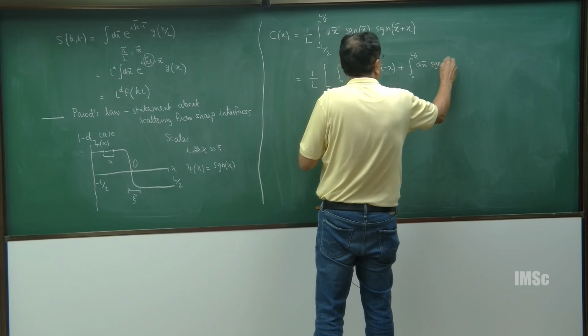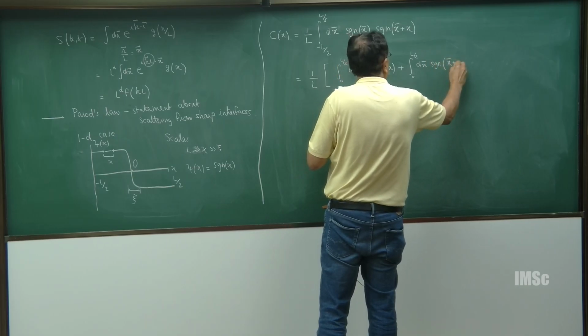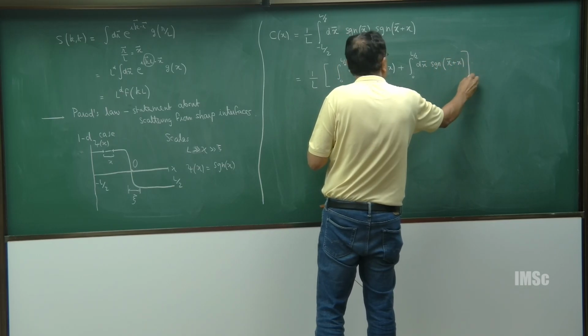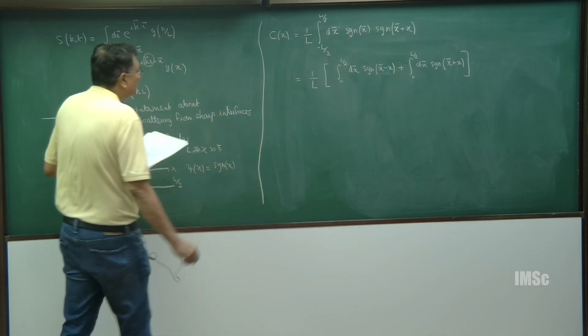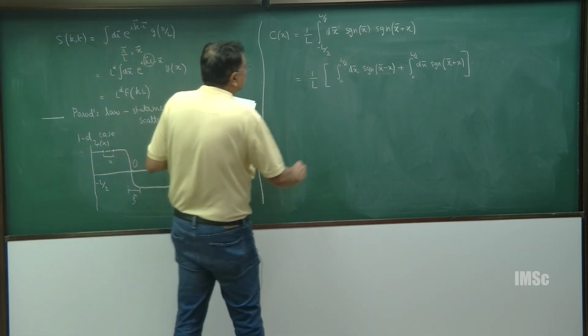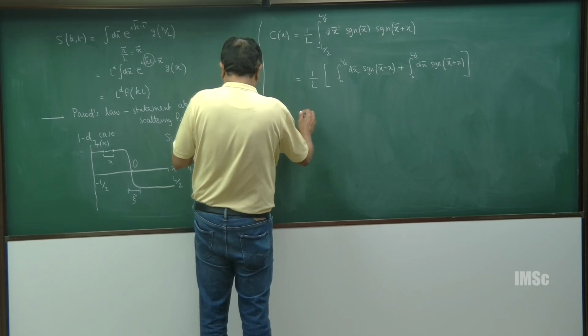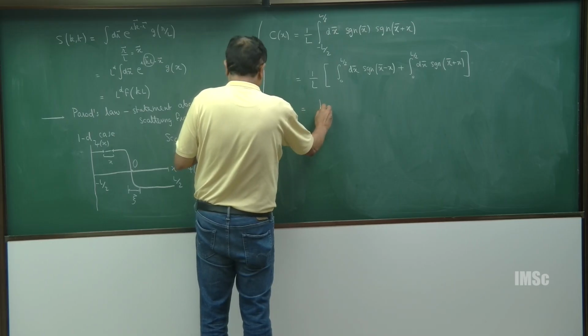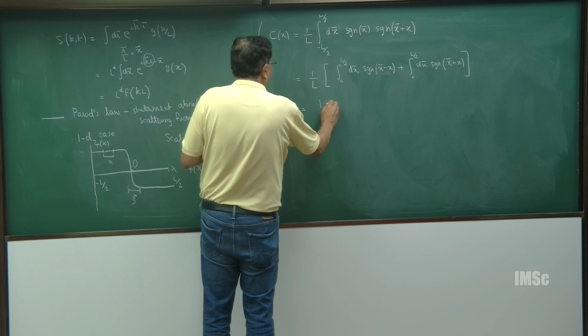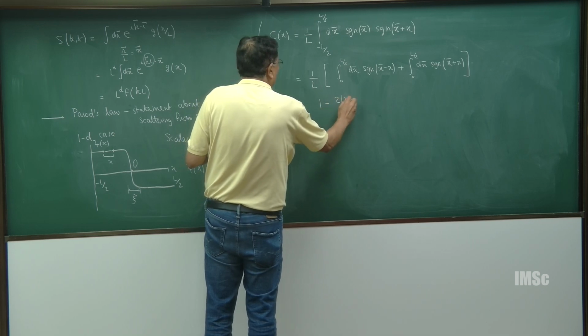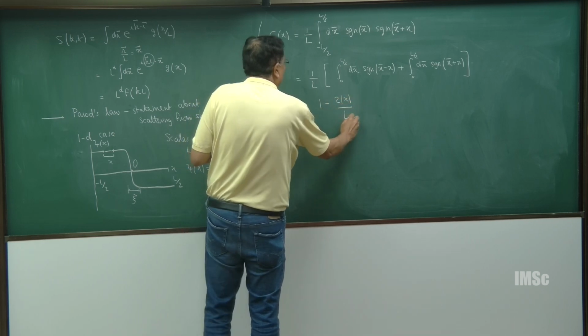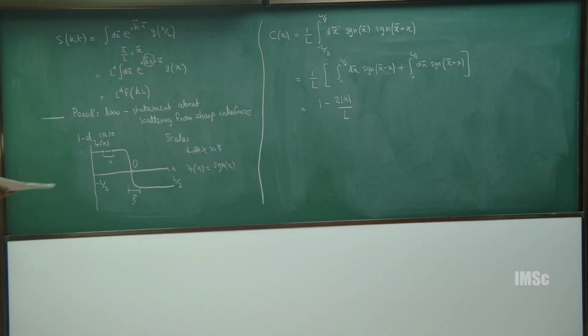You can just do the two lines of algebra that go with that. I break up the intervals, and that gives me the following result: 1 minus 2 mod x over L. That's the correlation function. Okay, it's as simple as that.